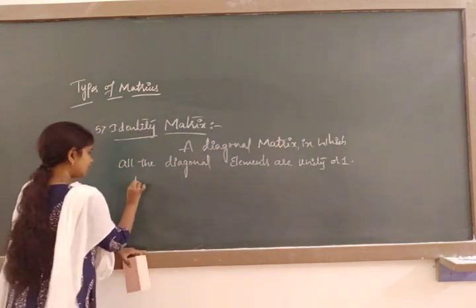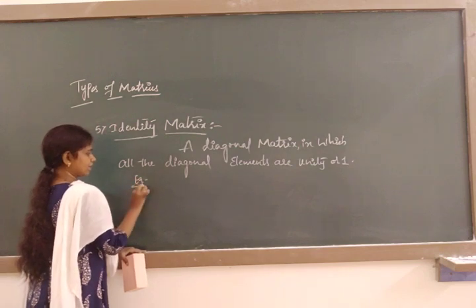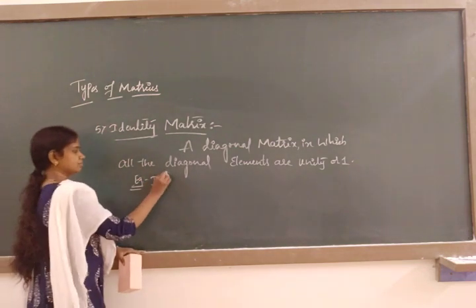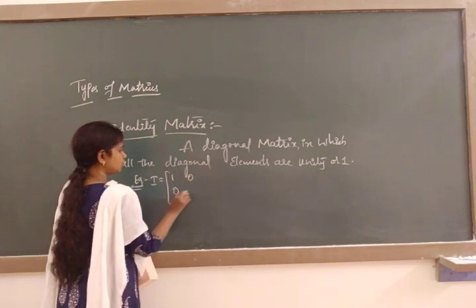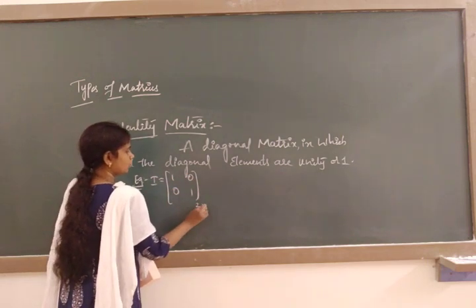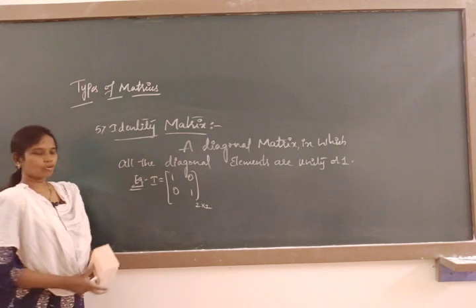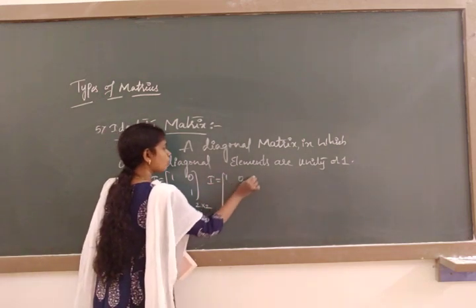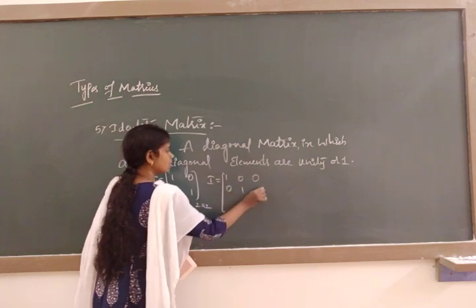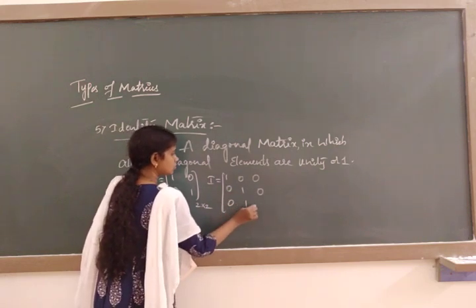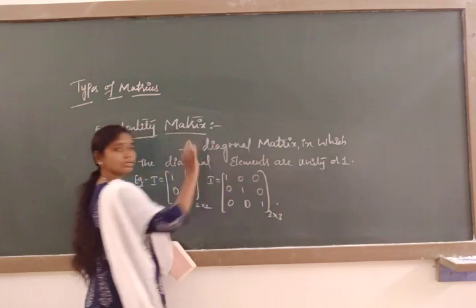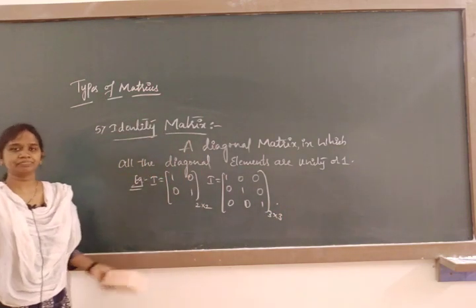Example, the identity matrix is always represented by capital I. I is equal to [1, 0; 0, 1]. This is of order 2 cross 2. What is of order 3? I is equal to [1, 0, 0; 0, 1, 0; 0, 0, 1]. This is important, we are going to face this in the problems. This is of order 3 cross 3.